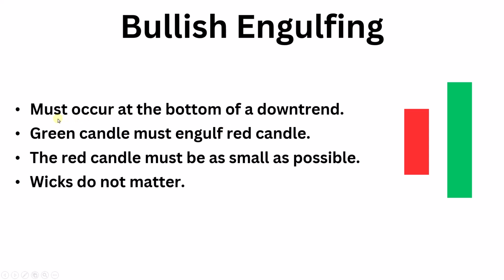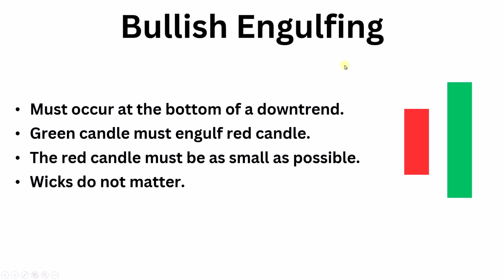First is that it must occur at the bottom of a downtrend, meaning if you are looking at a candlestick chart of monthly time frame, then from past few months the price must have been coming down.